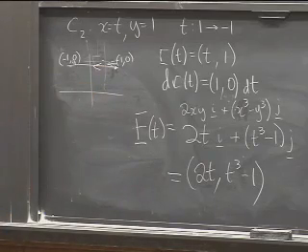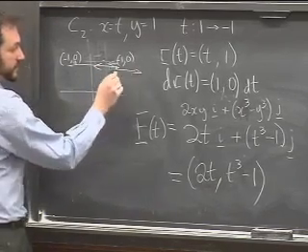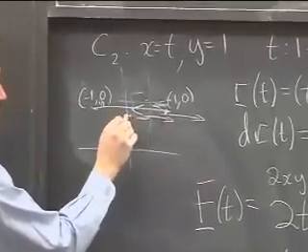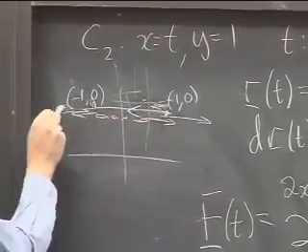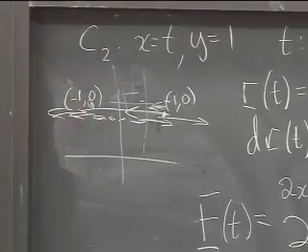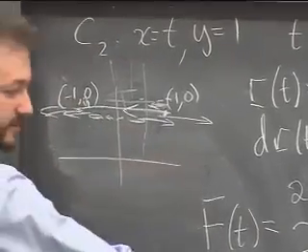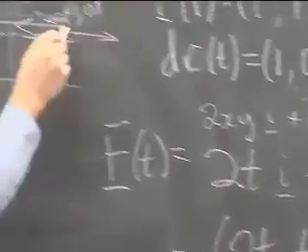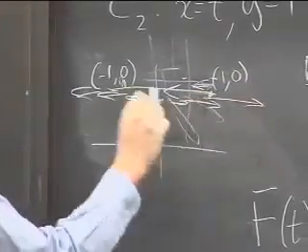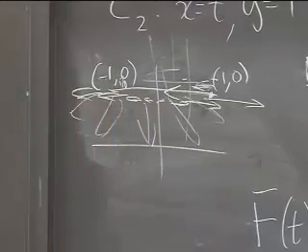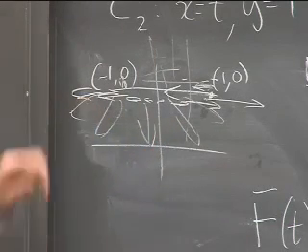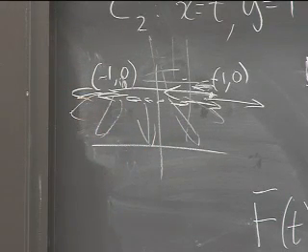So the force field looks like this. That's the x component of the force field. The y component, at t equals 1, is 0, and then it becomes more and more negative. But that doesn't matter, because you're not moving against that direction. For the parabola, it does matter, because you're moving in both the x and y directions, so you're subject to some of the force of each. Does that make sense? Okay. So it happens to be 0, but that's only because what you lost, you gain later, or vice versa.